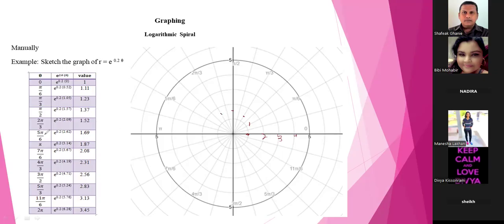And we have 5 pi over 6, which is 1.69, somewhere here.